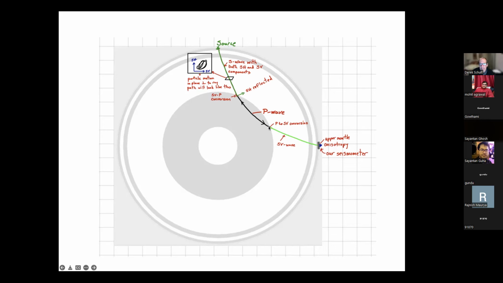Then the P wave will convert back to an SV. When I hit the upper mantle, I see anisotropy, and SV energy will actually end up on the SH channel as well. And we will measure that with our seismometer.